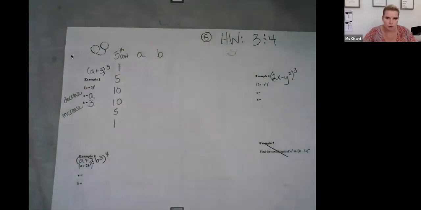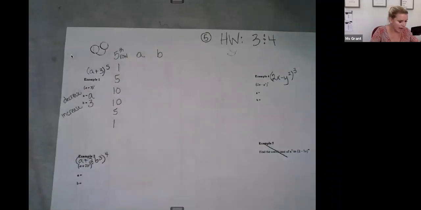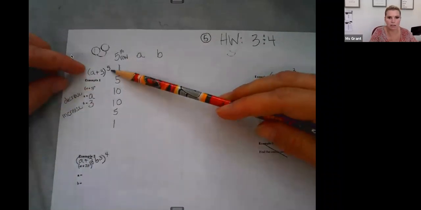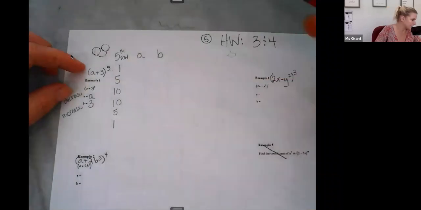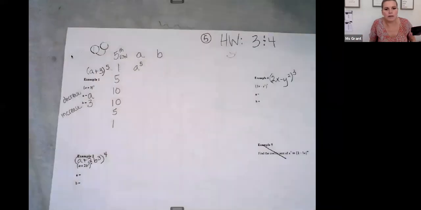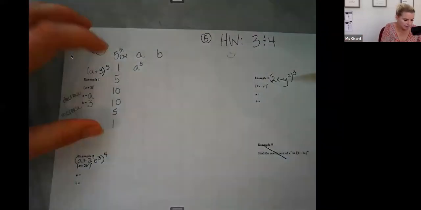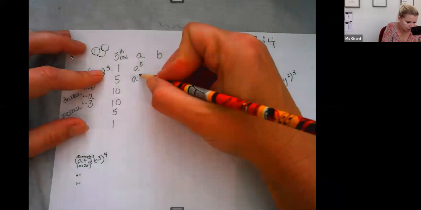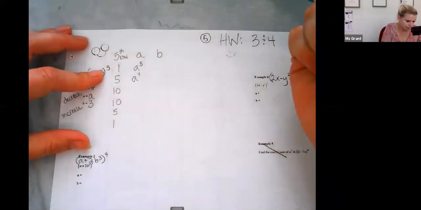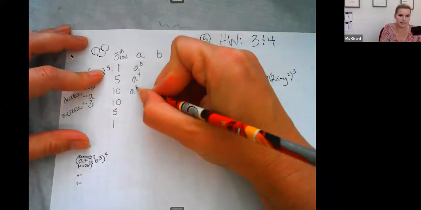In the PowerPoint, I told you that the power of A's decrease. Now, if I'm at the 5th power, I'm going to start at A to the 5th, and I'm going to decrease down. A to the 5th, A to the 4th goes there. A to the third goes here.